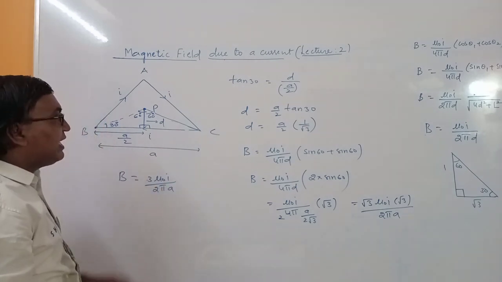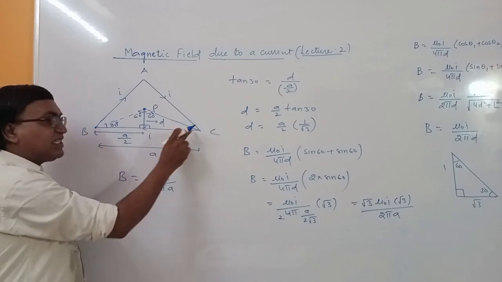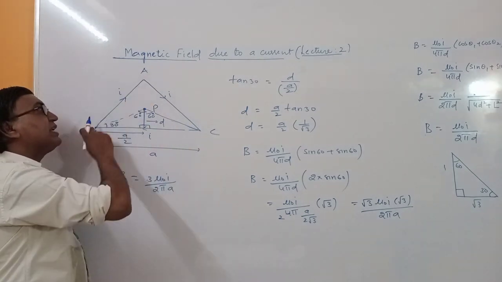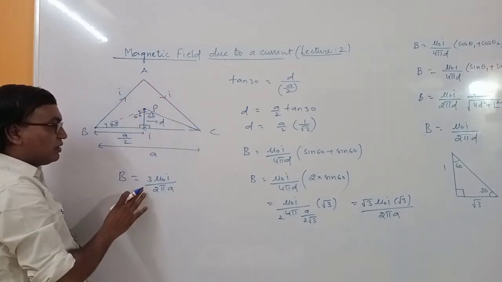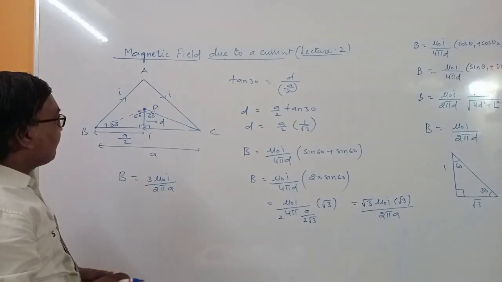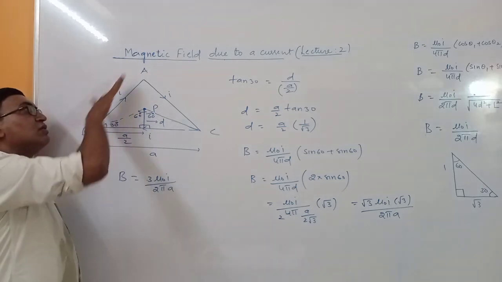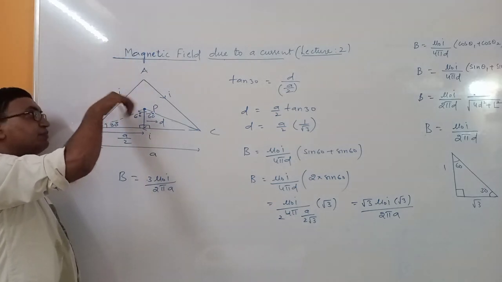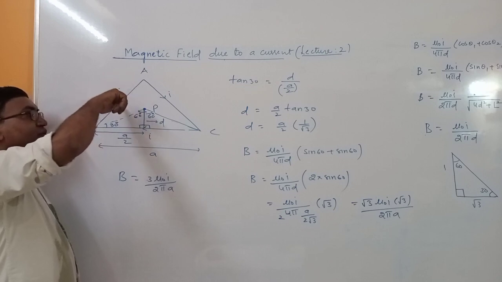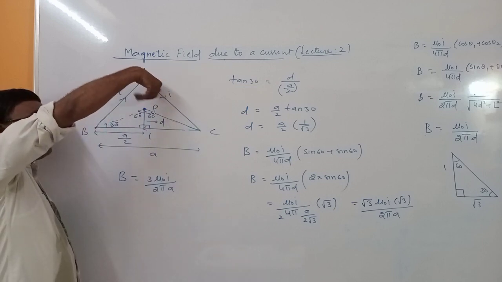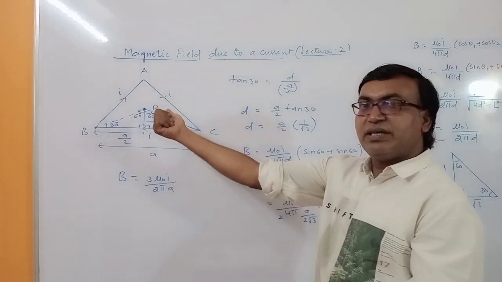So this is the magnetic field. Now this is the magnetic field due to wire BC. Then the same will be the magnetic field due to wire BA and due to AC, because they are symmetrical. So we have to see whether these fields are in the same direction or not. At point P, palm towards current, we are curling the fingers towards point P, so on this side the field is inside the board, here the field is inside the board, and here the field is inside the board.